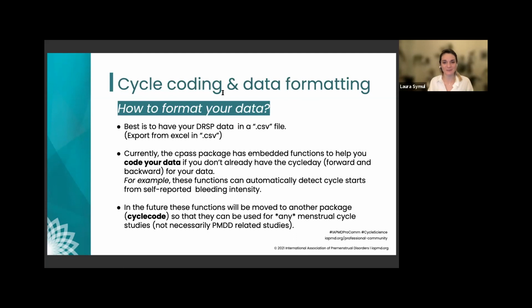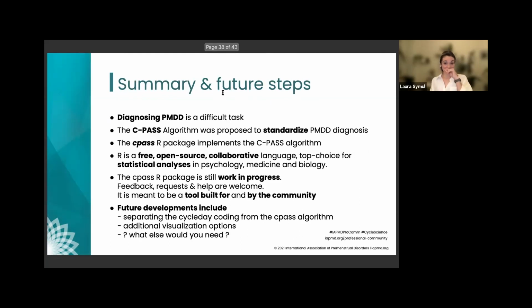Thank you. So just to summarize and look a little bit into the future. As Tory made very clear, diagnosing PMDD is not straightforward, because there are lots of symptoms and a lot of data. So it was necessary to come up with a common language and an algorithm to standardize that task.